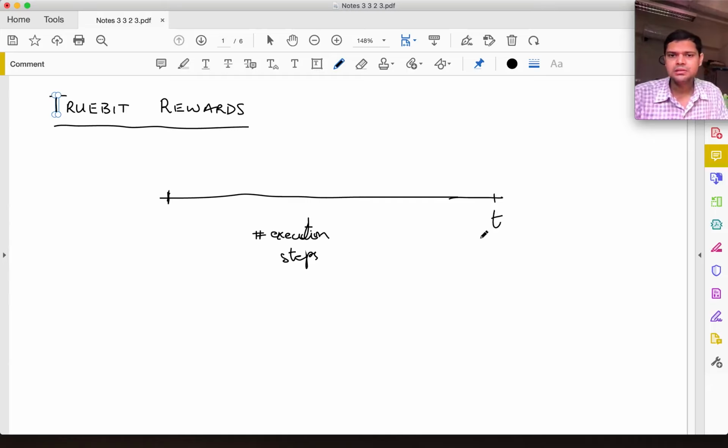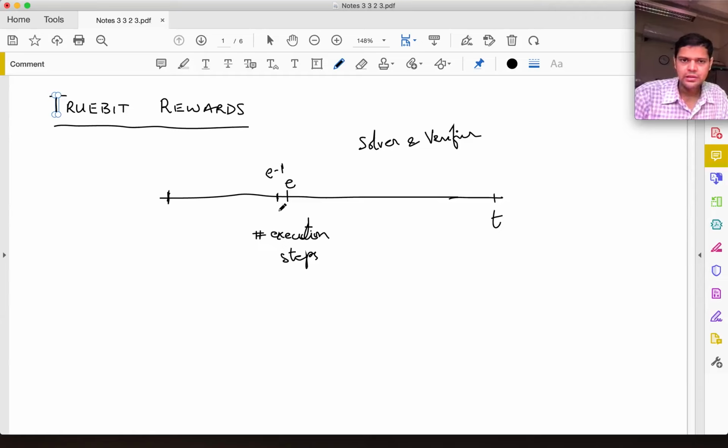Let's say that T is the last execution step, and we do a binary search and we find the first place where the solver and the verifier disagree on the state. Then the miners look at this E-1 where both had the same state, and they execute the instruction to go to the next state. Using that, they're able to find out who was right and who was wrong.